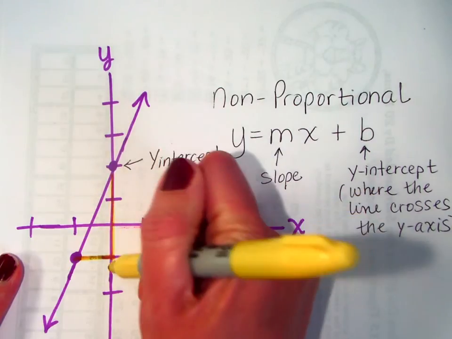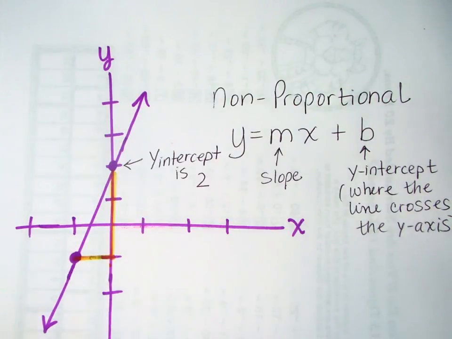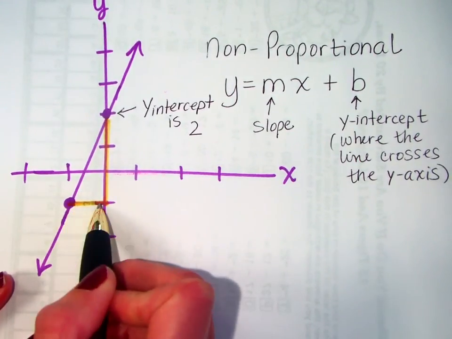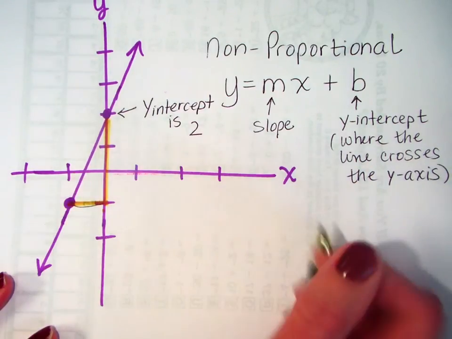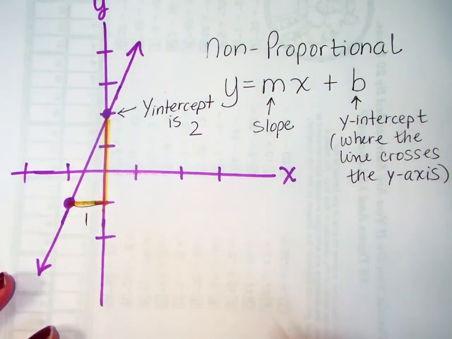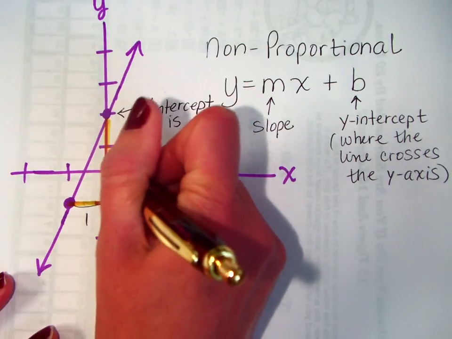Doing your rise and run here. How many spaces do we have to move to the right? Just 1, right? 1 to the right. And then we have to move up 1, 2, and 3.